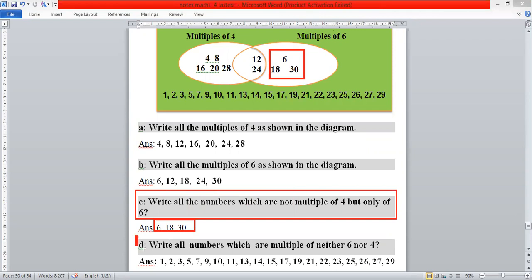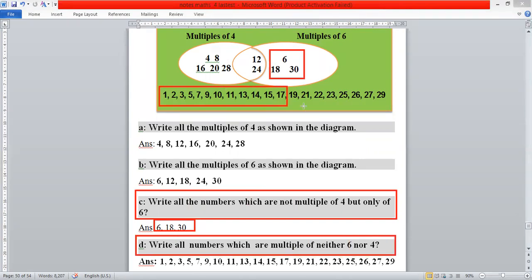And part D is: write all numbers which are multiples of neither 6 nor 4. So these are the numbers less than 30 which are not multiples of 4 and 6. Therefore, we will write all these numbers here.